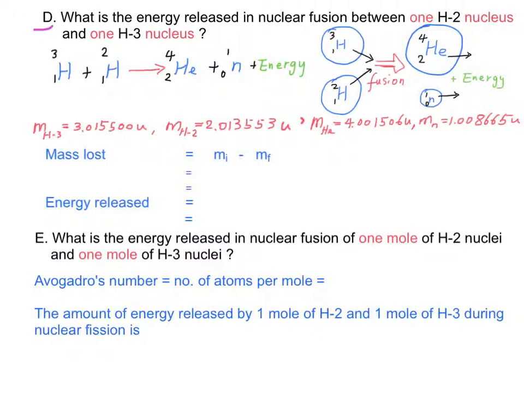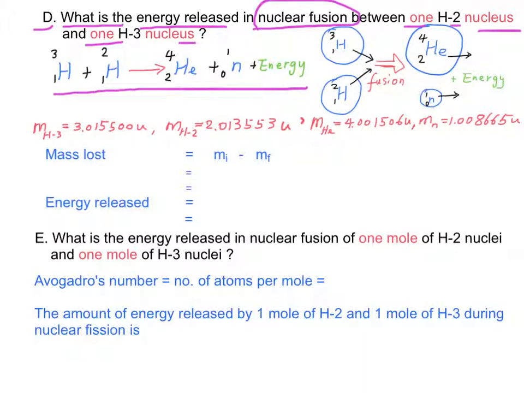D. Now let's see what is the energy released in nuclear fusion between one hydrogen-2 nucleus and one hydrogen-3 nucleus. From the equation of the fusion process, the mass of hydrogen-3, the mass of hydrogen-2, the mass of helium, and the mass of a neutron are given.